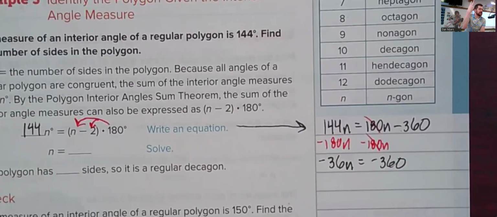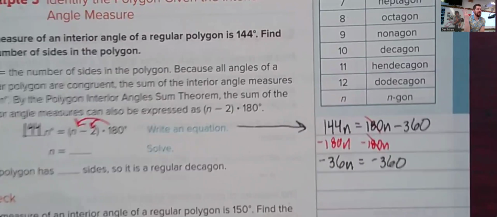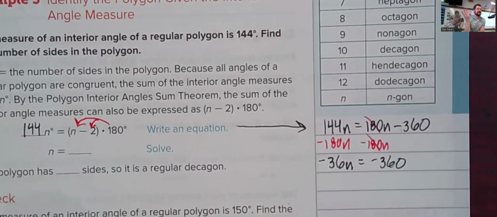And it has to be at least 3, because you can't have a polygon if you don't have at least 3 sides. If there's only 2, you just have an angle, it's not actually closed. So the only types of numbers that work for a polygon would be positive whole numbers that are 3 or more. So if we get a decimal, if we get a negative number, if we get a number less than 3, something went a little wonky and we need to fix it.